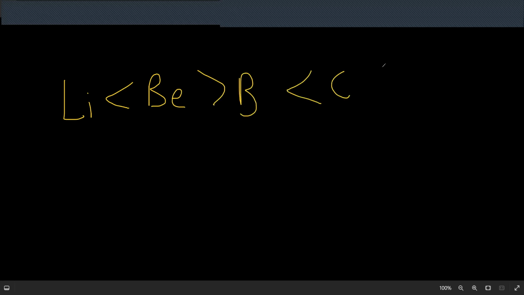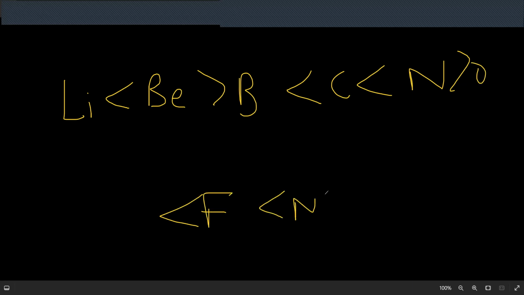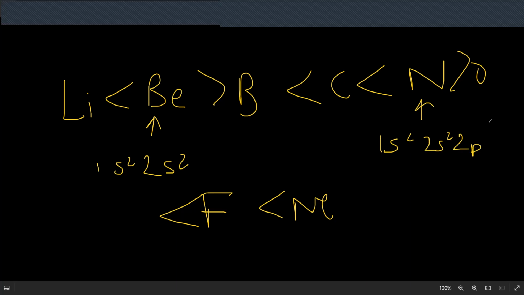So, if we write over here: lithium, beryllium, boron, carbon, nitrogen, oxygen, fluorine, neon. Here, these two don't seem to make sense because of half-filled and filled orbitals. Specifically, Be is 1s2, 2s2, and N is 1s2, 2s2, 2p3.